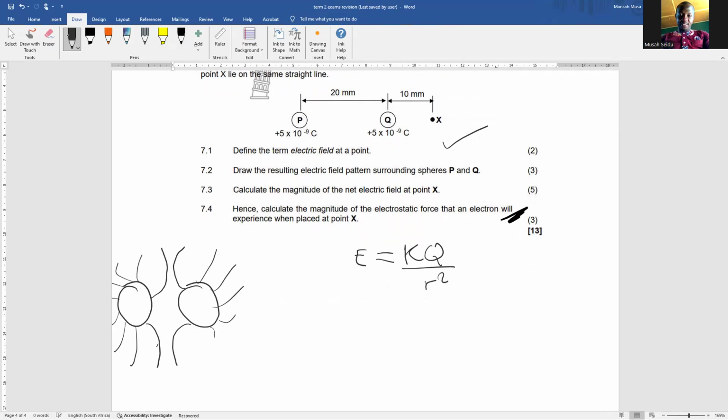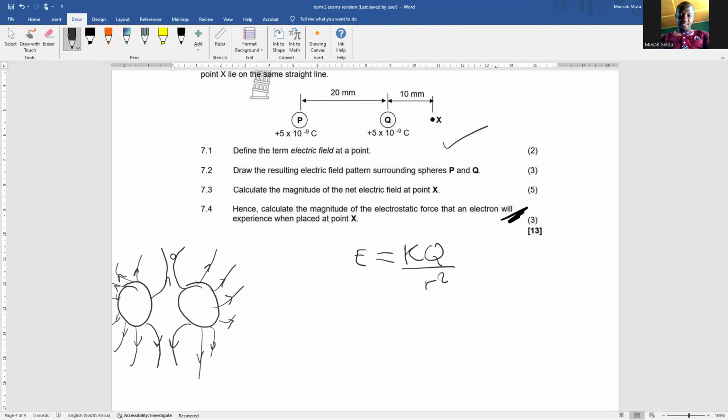Because they are all positive, we have to show the arrows moving away.